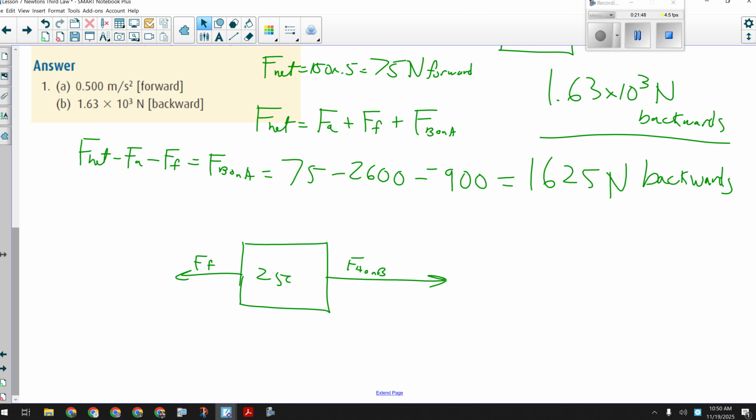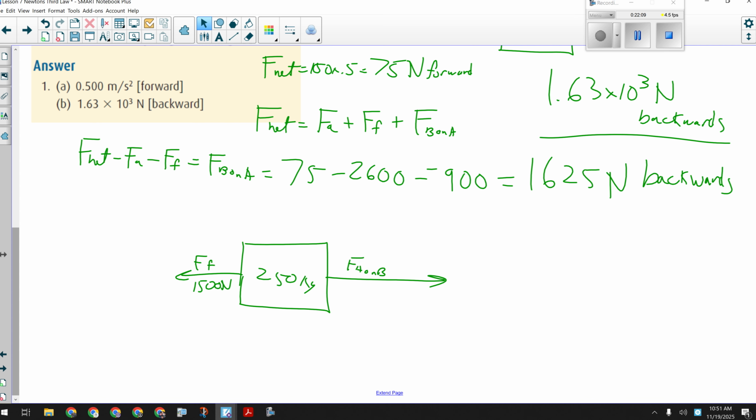Now, they don't outright tell me what the force of friction is, but they previously told me the total friction was 2,400, and I know that 900 of that was on the front one. So that should leave me with 1,500, right? 1,500 back.